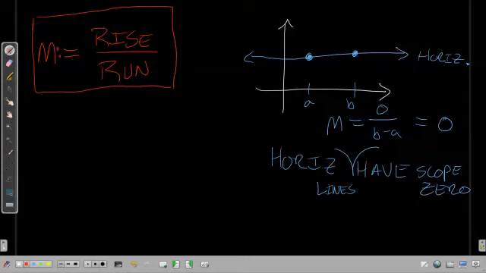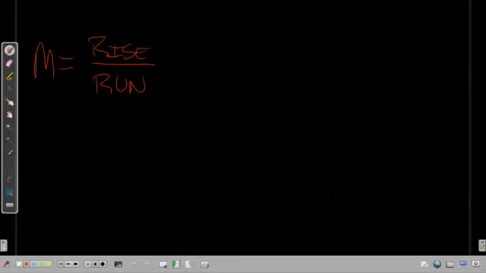It is the definition. And any formula associated with this comes exactly from this definition. Okay, so horizontal lines have slope 0.